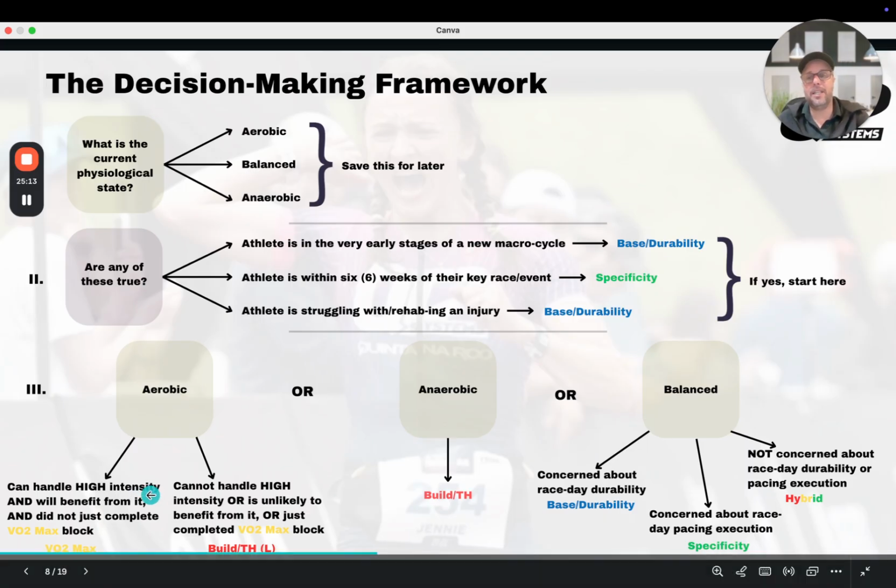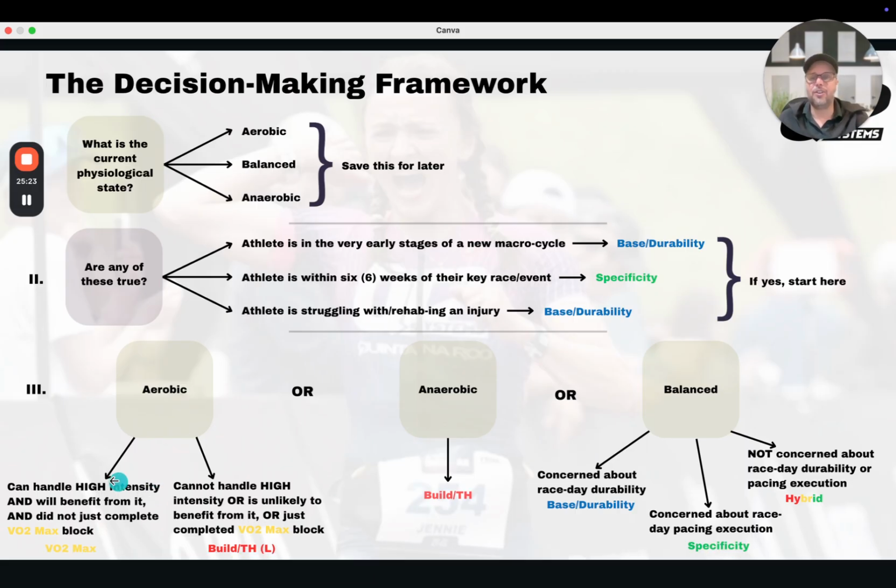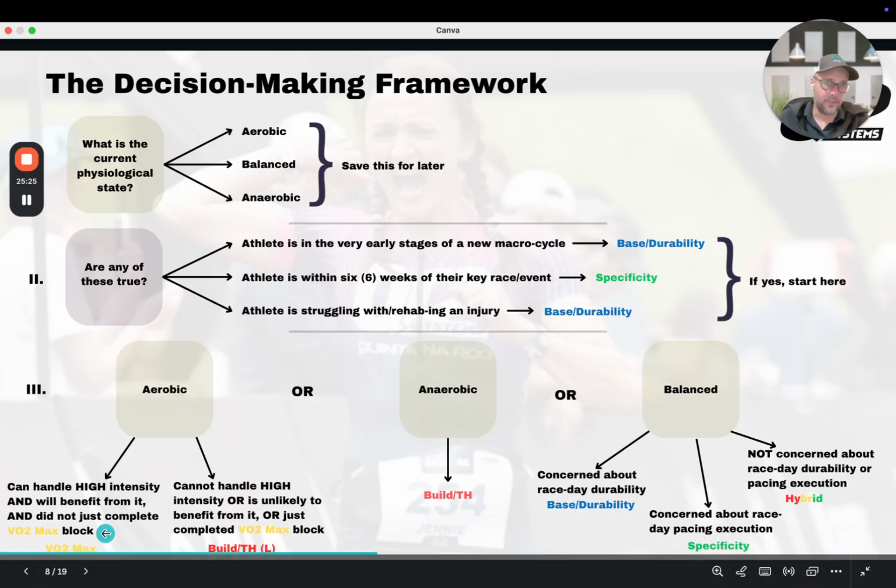Even though I believe that she would definitely benefit from it, and we weren't coming off of a VO2 max block, this just wasn't worth the risk with the data that we had so far. And so we opted away from a VO2 max block, and we went to a build threshold block, which is still hitting the needs of the aerobic athlete, but with less risk, right?